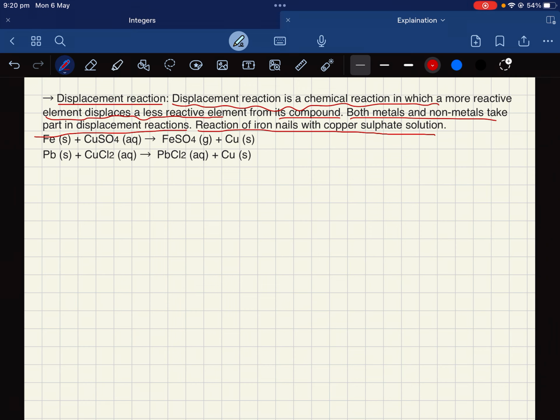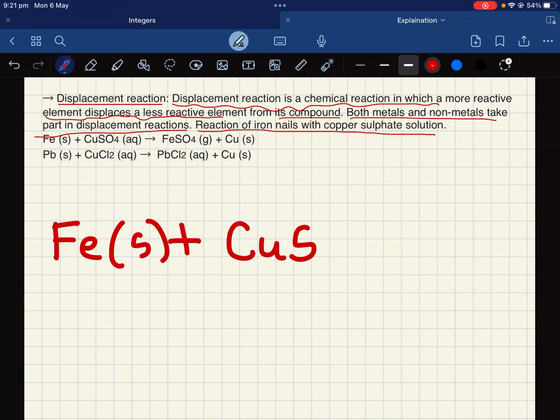We have a reaction of iron nails, Fe. Let me make this a little thicker. We have Fe in the solid state plus copper sulfate solution. Since it's a solution, it will be in aqueous form.